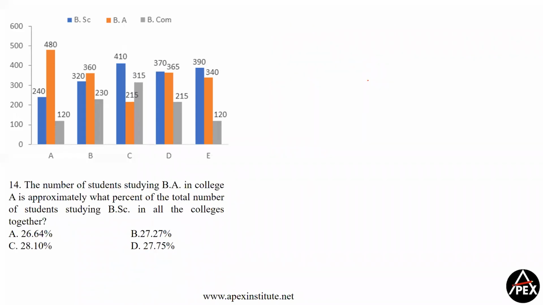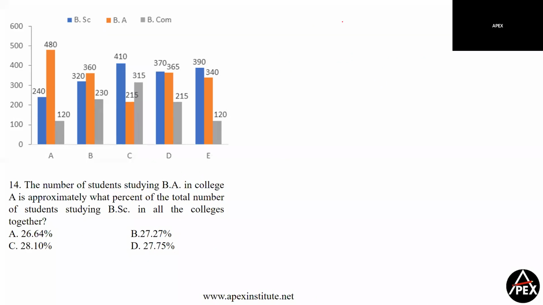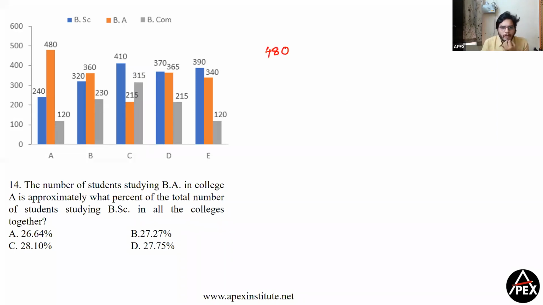Now coming to 14th question. The number of students studying BA in college A is approximately what percent of total number of students studying BSc in all the colleges?